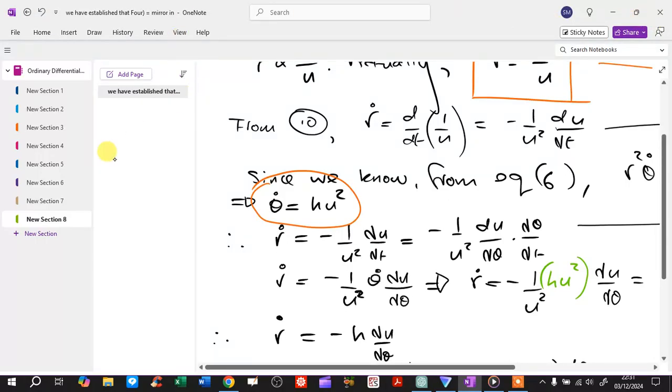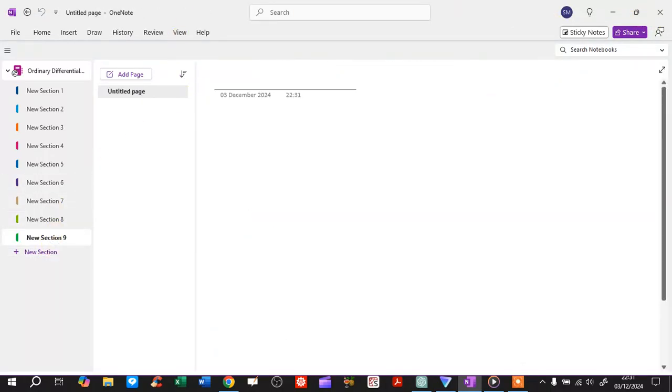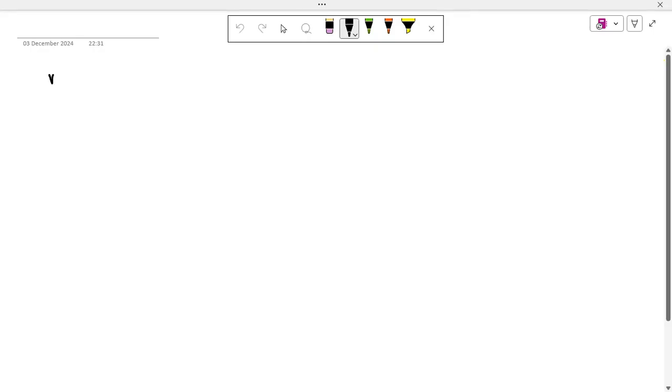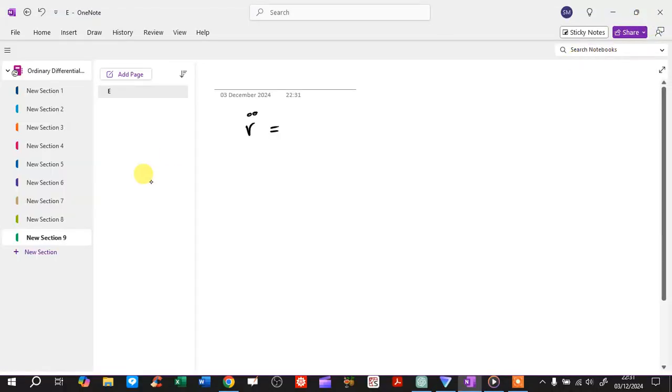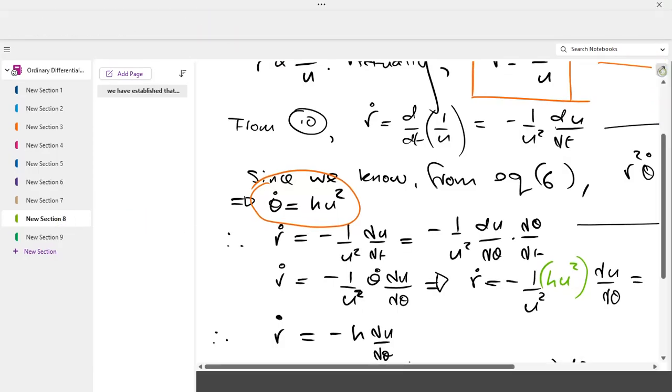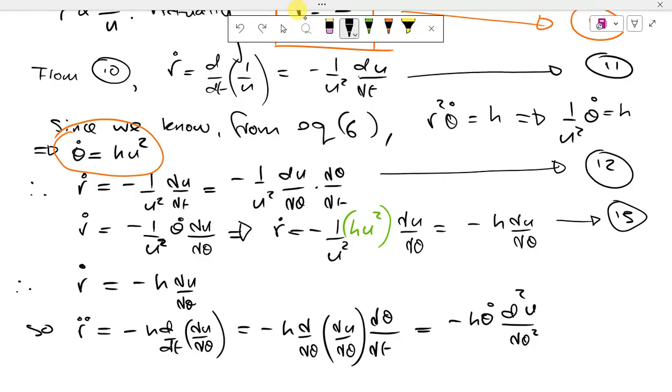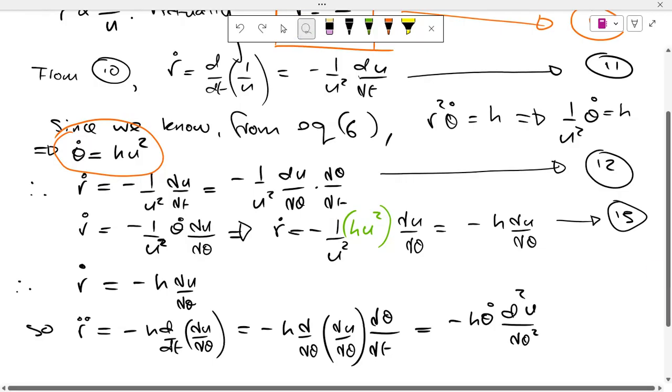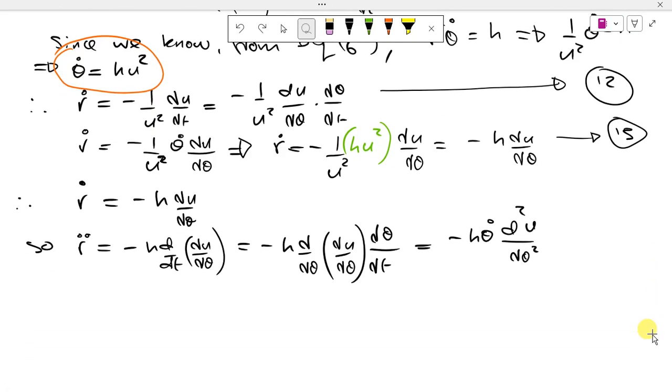So we've discovered that R double dot is equal to, and I have to look back at it now because I cannot remember what I've written down. So let's just cut and paste this. I'm getting used to this new software, and I'm constantly trying to find software that's easier to use.